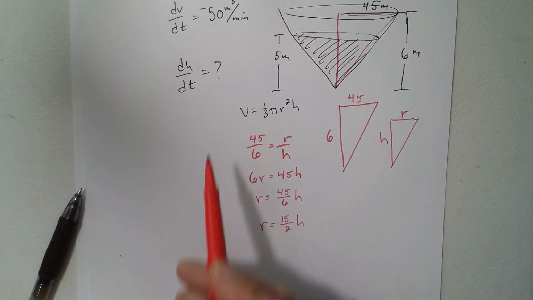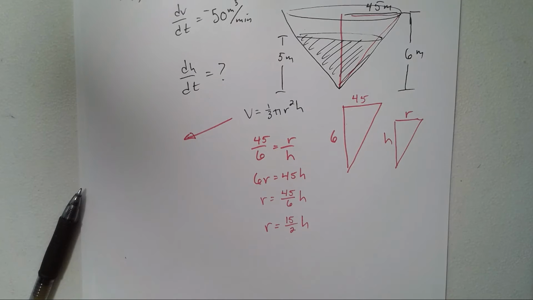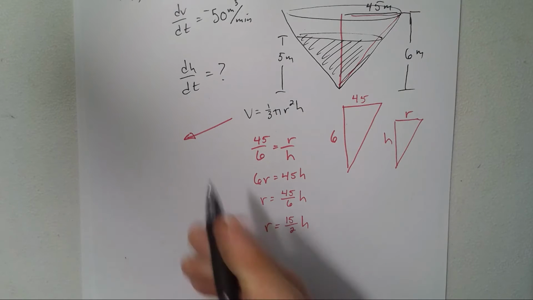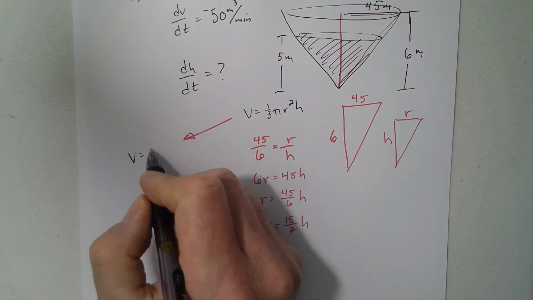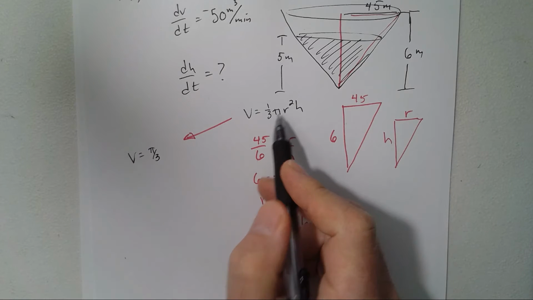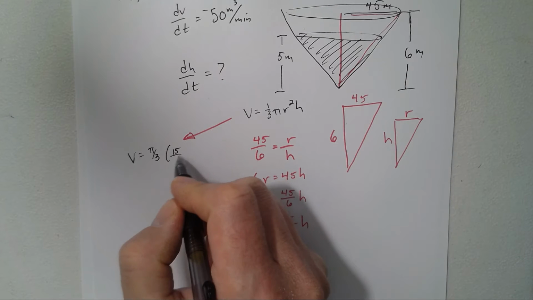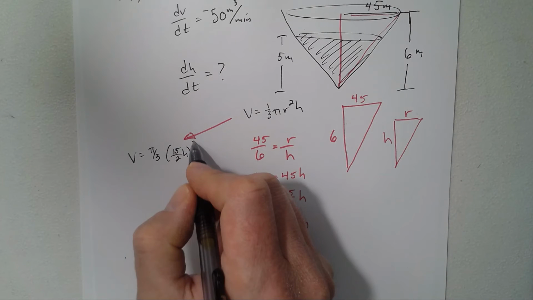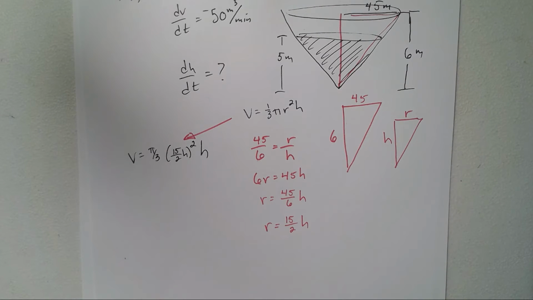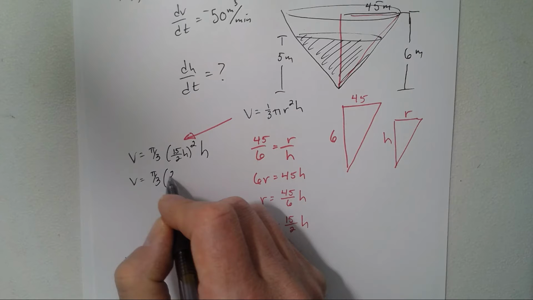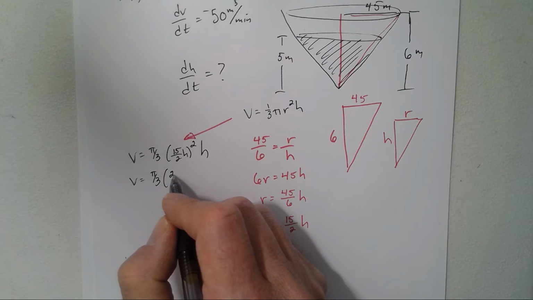Our new and improved volume equation is pi over 3 r squared, but r is 15 halves h, squared, times another h. So volume is 225 pi over 12 h cubed, and 3 goes into that, so it's 75 pi over 4 h cubed.